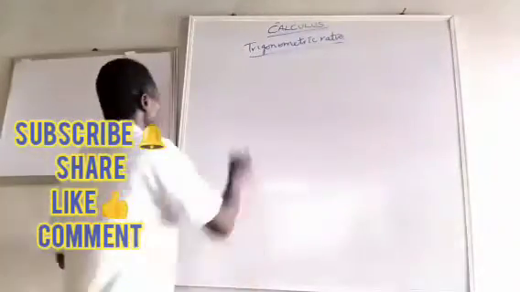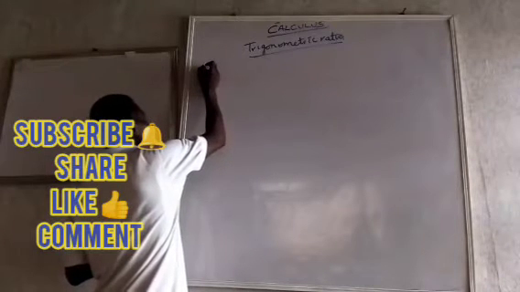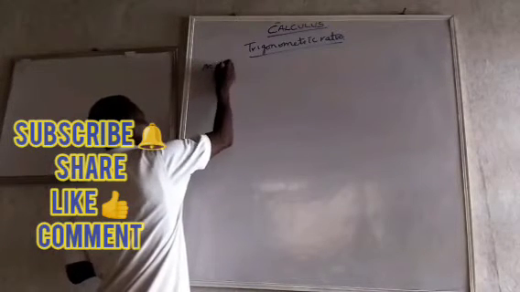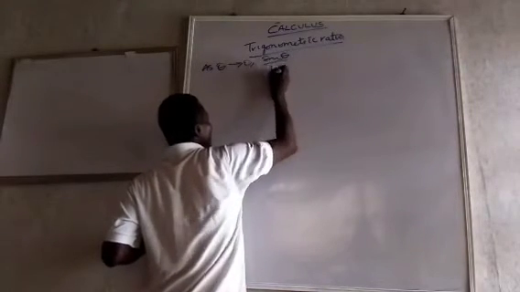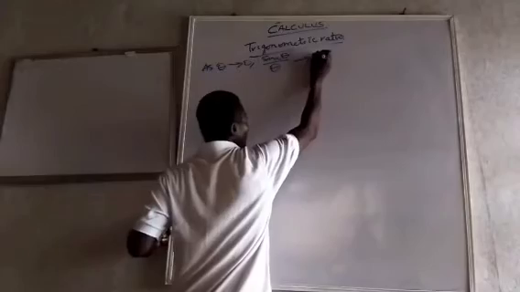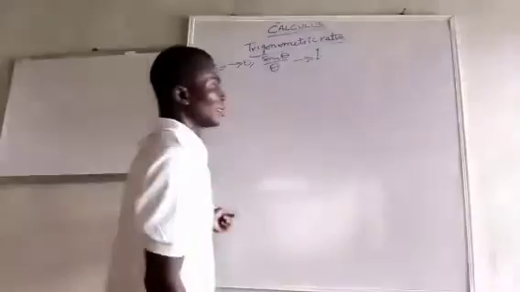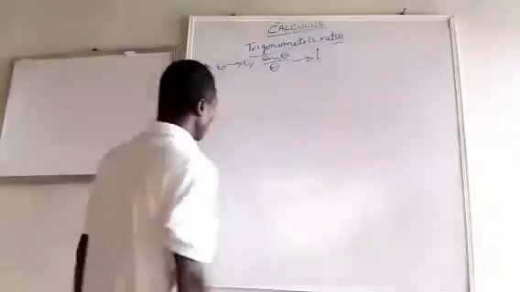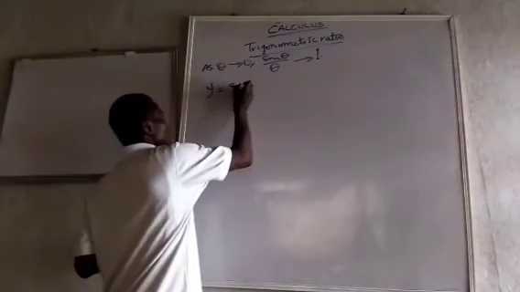Let's continue. We have already established that as theta tends to 0, sin theta over theta tends to 1. Now, let's look at this simple expression, where y equals sin theta.